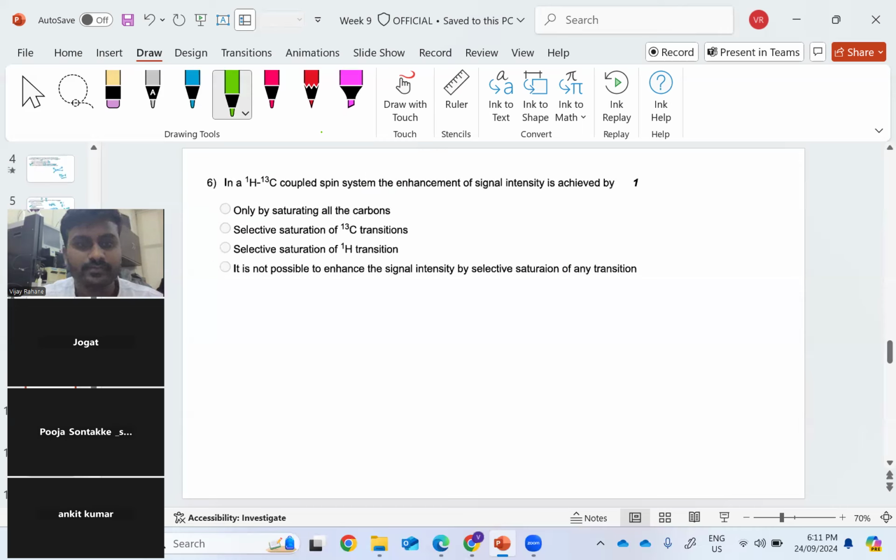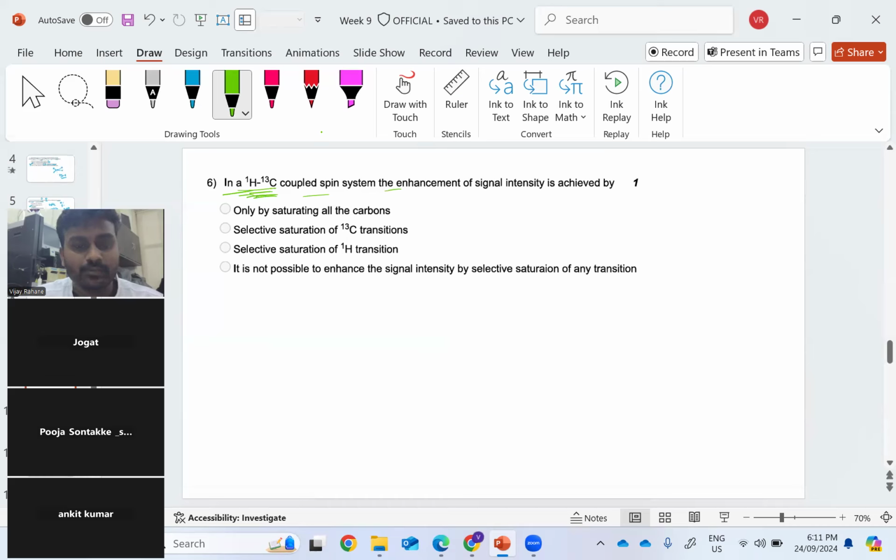The next question is about the 1H and 13C coupled spin system: the enhancement of signal intensity can be achieved by. As you saw earlier, in the earlier question also, we can enhance the intensity, right?